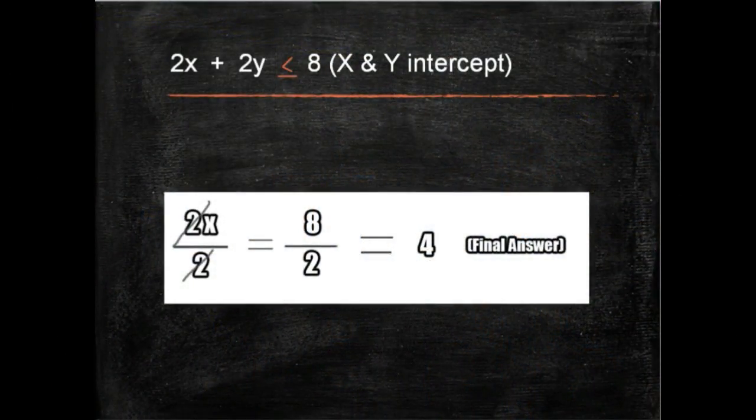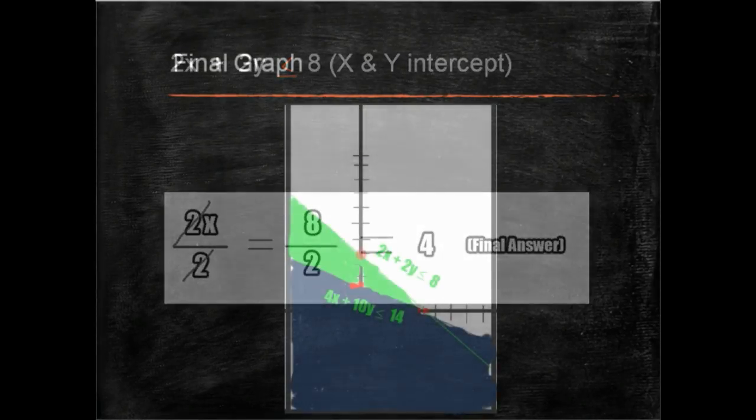Now, moving on to the second inequality. We're going to do the same. In this case, I did not make another one because it's just the same, both 2's, so it makes life easier. So cancel that out, x leaves us with 8 over 4, simplify that, equals 4.